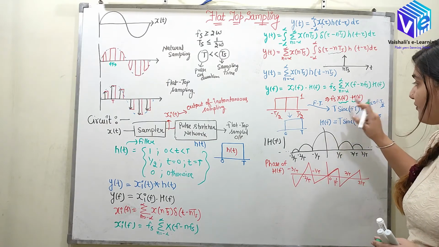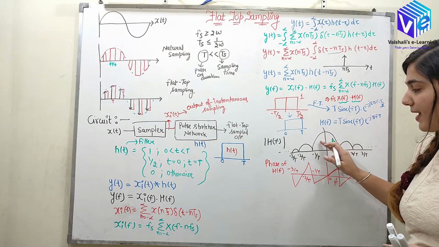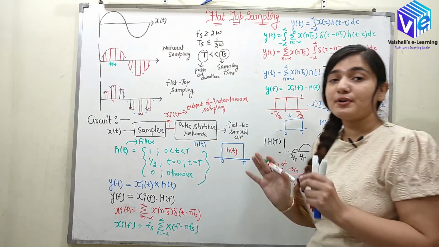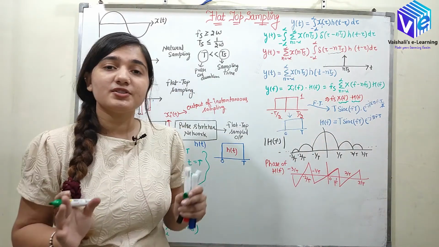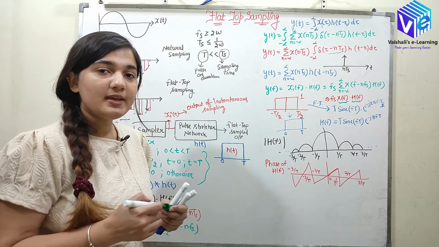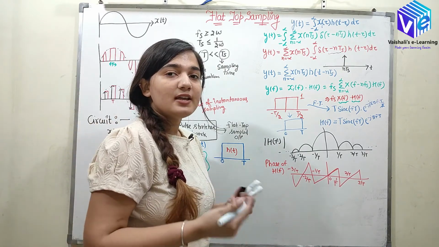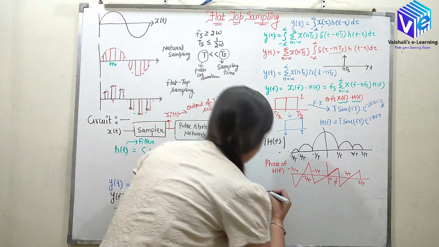So when X(f) is multiplied with H(f), you can see from the magnitude and phase, I don't have the constant magnitude and constant phase of H(f). So because of this, the distortion will be there in the output. Now this distortion is called the aperture effect.